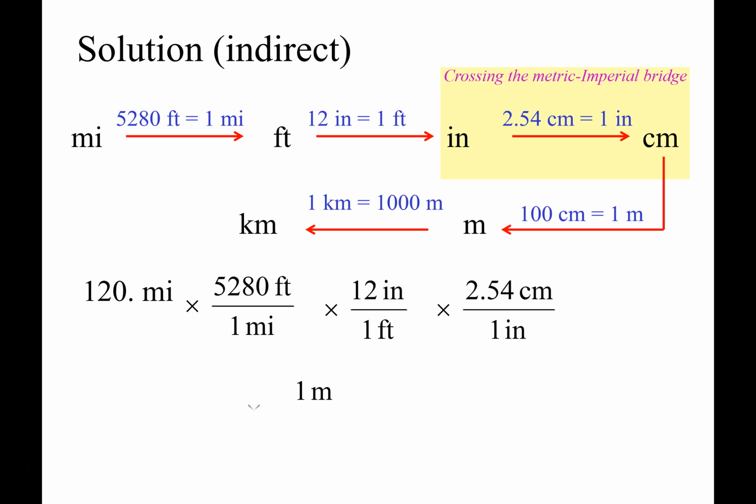Perfect. Notice I'm having to wrap it around on my slides. So now I have meters. How can I use this last one to get to kilometers? 1 kilometer over 1,000 meters.